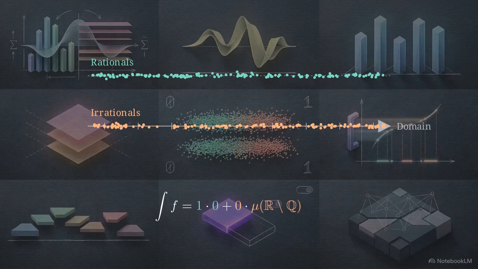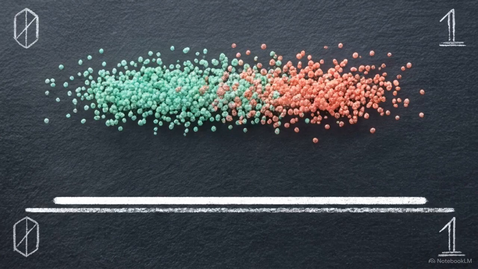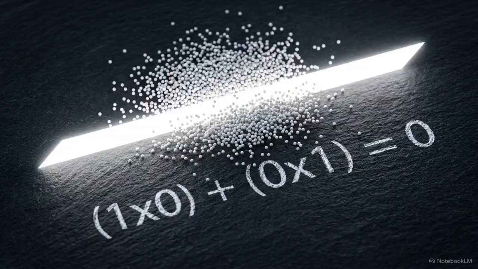Measure theory proves the measure of the rationals is exactly 0, and the measure of the irrationals is 1. The equation simplifies to 1 times 0 plus 0 times 1. The Lebesgue integral evaluates to 0, providing a definite value for a function that was previously unintegrable. Range partitioning handles these infinitely fractured domains, resolving the Riemann inconsistency with a single line of algebra.